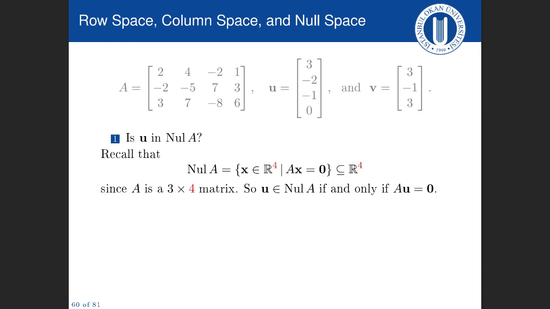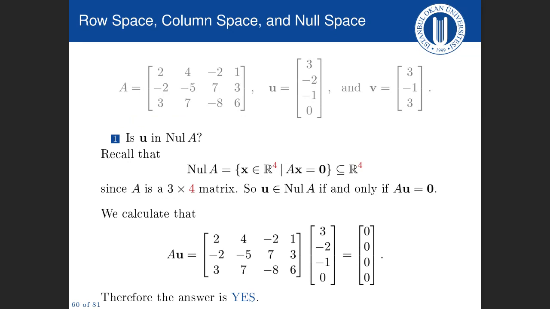So that means a vector u is in the null space of A if and only if we have that Au is equal to 0. So what we're going to do is calculate Au. We're going to do matrix multiplied by vector, and see, do we get the 0 vector? And I'll leave it for you to check that yes, A multiplied by u is equal to the 0 vector. So the answer is yes. This vector u is in the null space of A.